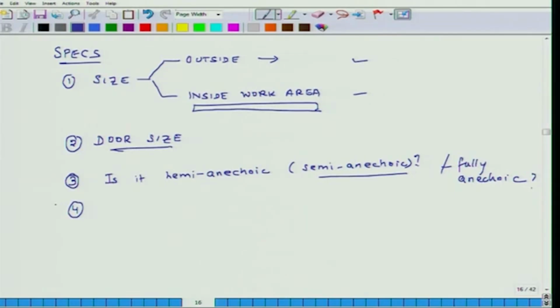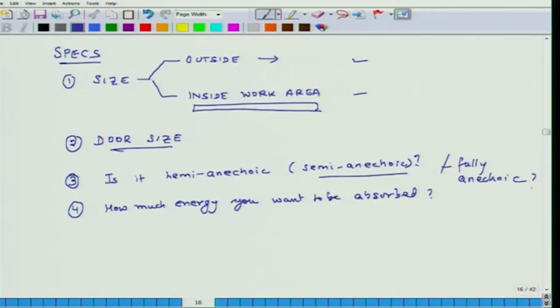Fourth parameter is, and this is extremely important, how much energy do you want your chamber to absorb?